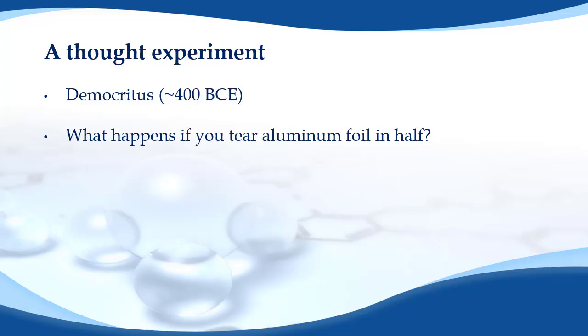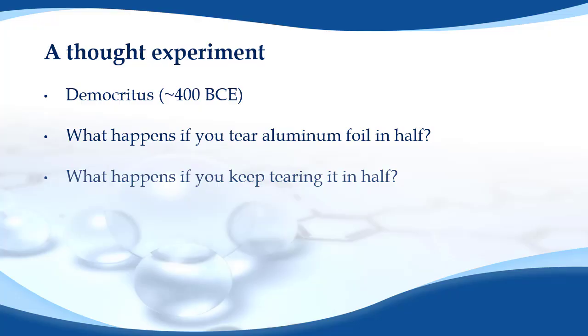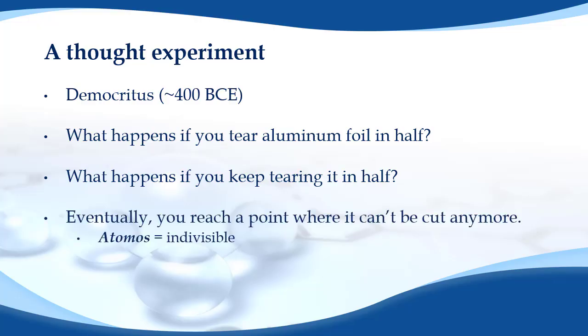What if we took a sheet of aluminum foil and we tore it in half? You'd have 2 sheets of aluminum foil that are half the size. Now, what if we tore those halves in half and kept tearing each half in half? What he theorized was that if you get small enough, you eventually reach a point where you can't cut it in half anymore.